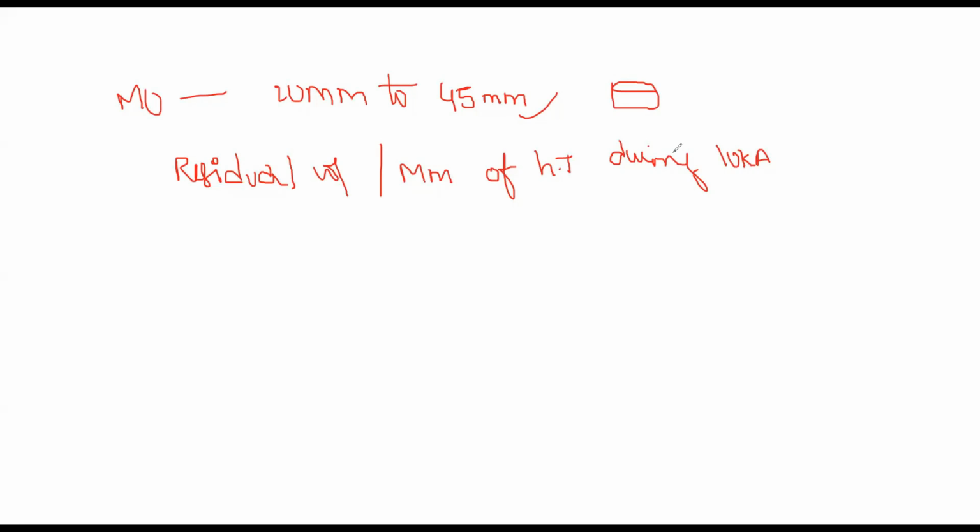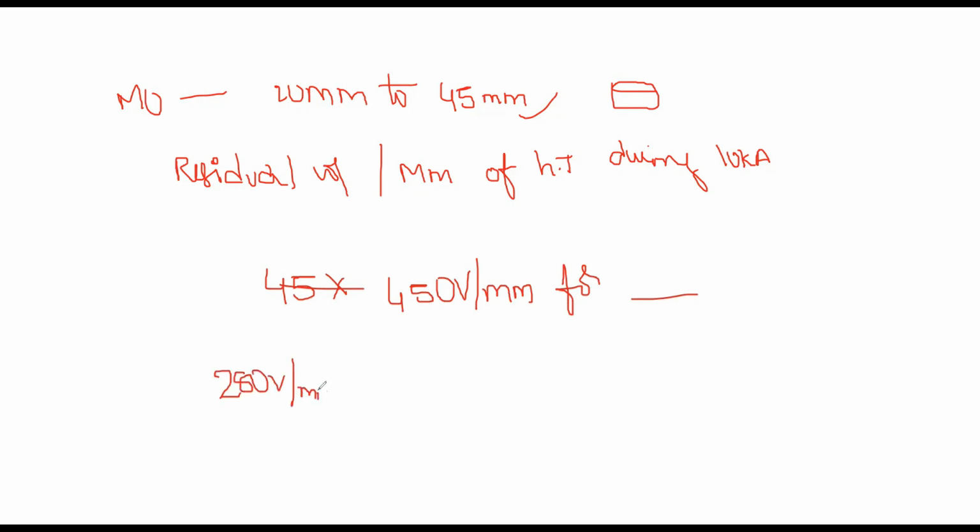Suppose I select 45 mm, so 45 into 10, nearly 450 volts. We generally have 280 volts per millimeter for a 420 kV system.